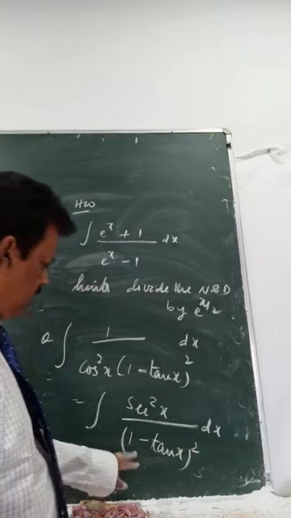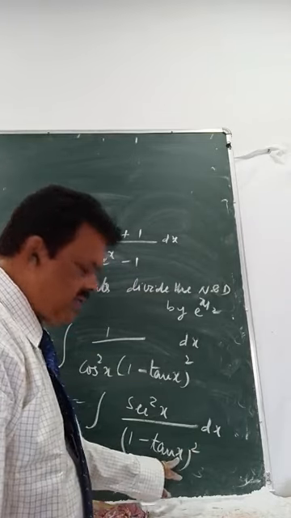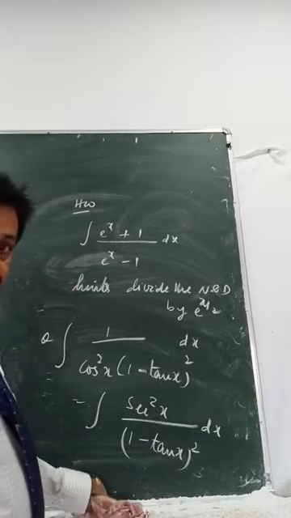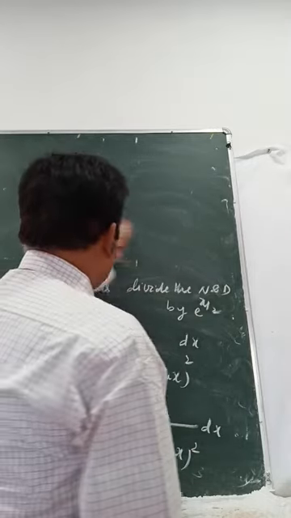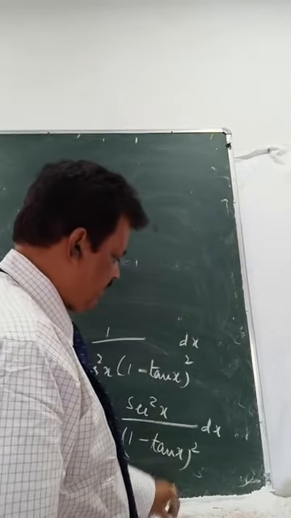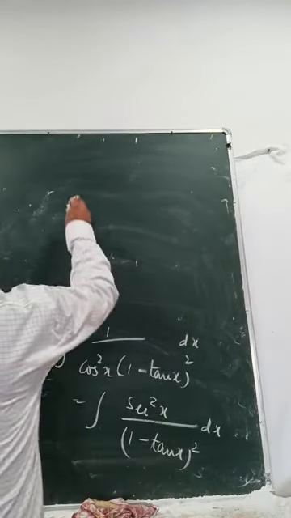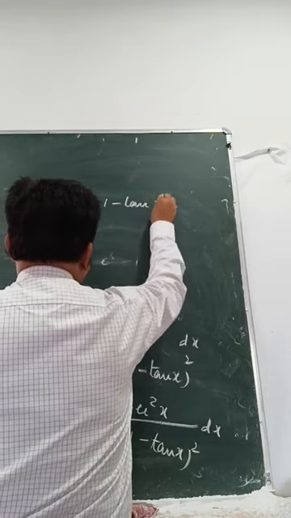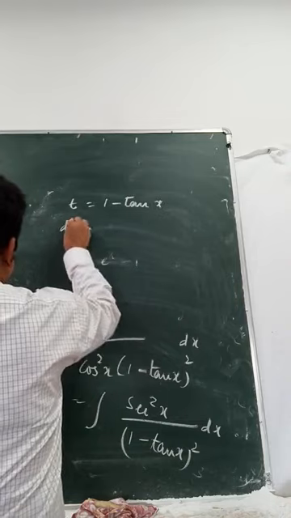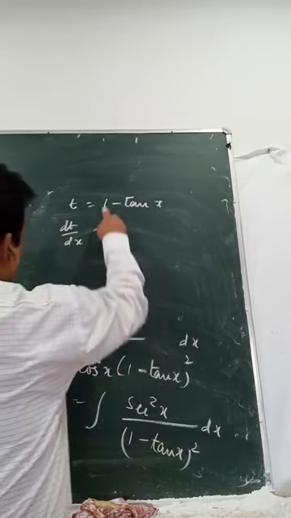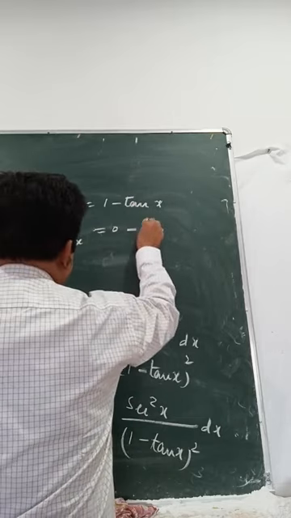Okay. Now if I take 1 minus tan x as t, then I will find it. So what I can write here is t equals 1 minus tan x. dt by dx, directly write, is 0 minus sec square x.